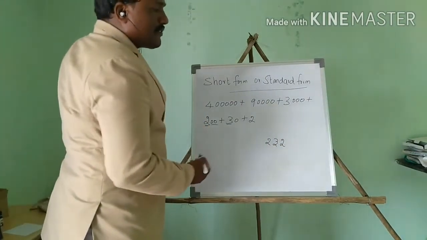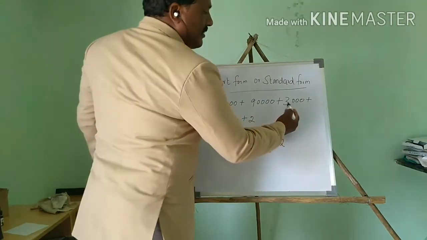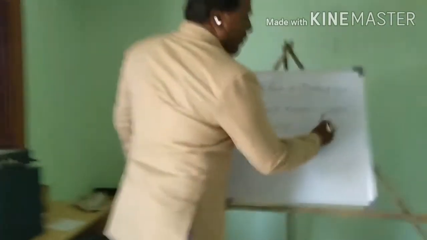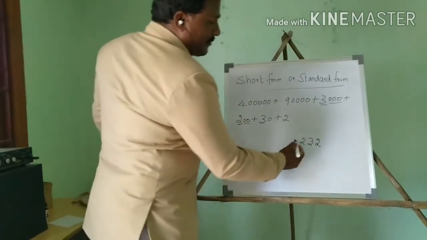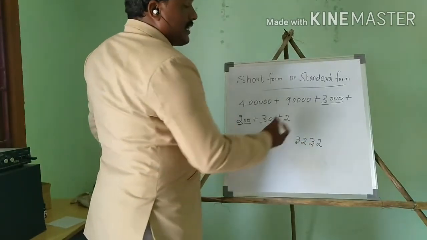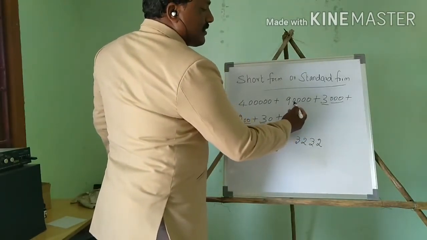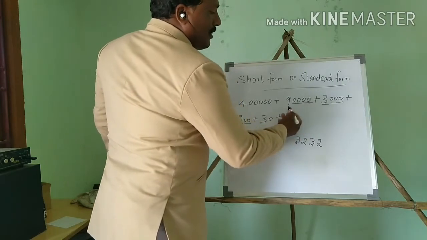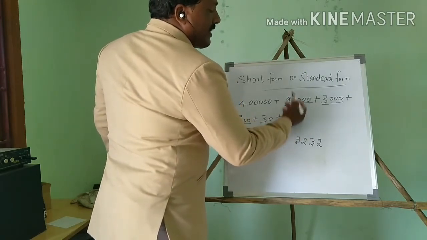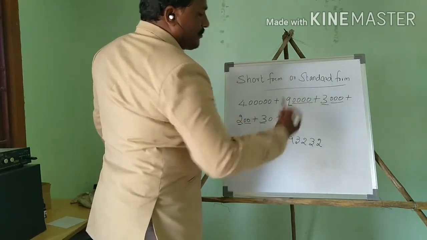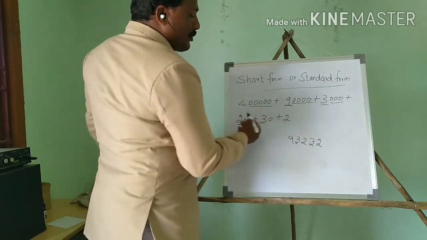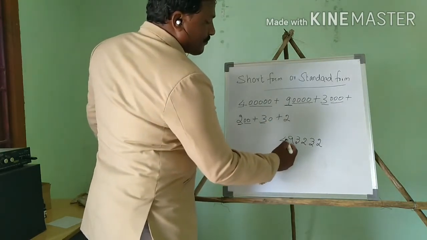Then 1000 place: ones, tens, 100, 1000. Remove this 0, take the 1000 place value, 3. Then the 10,000 place. Remove the 0; at the 10,000 place, what number is there? 9. So we take 9 only. Then same, we remove this 0 and take this 4 only.